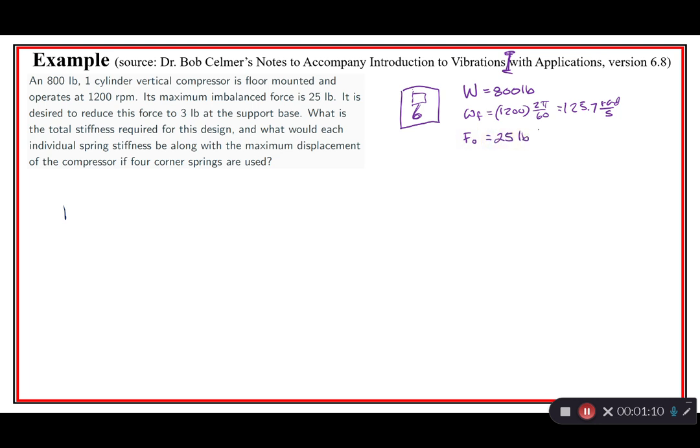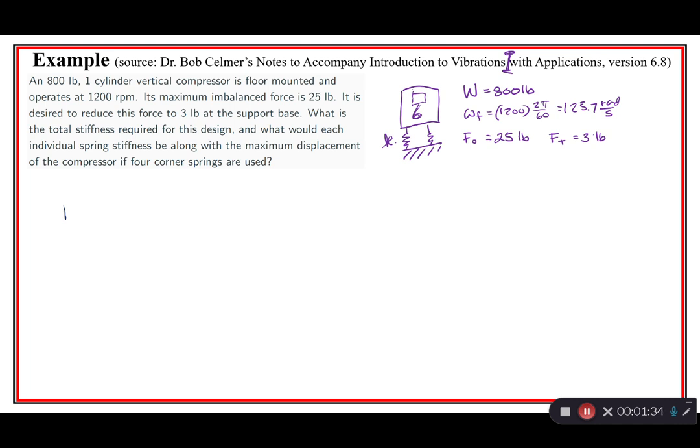And it is desired to reduce this force so the output we want is 3 pounds from the support base. We'll draw it as 2, but we're just going to look for a single K. What is the total stiffness required for this design?